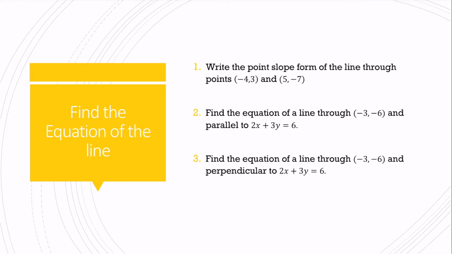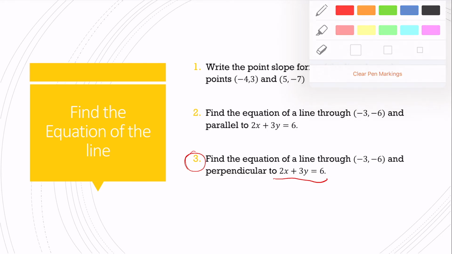So our final example involves finding the equation of a line through negative 3, negative 6 that's perpendicular to the line 2x plus 3y equals 6. So let's make ourselves some space. And it goes through the point negative 3, negative 6. We want it to be perpendicular to this line. Now, what is true about perpendicular lines?